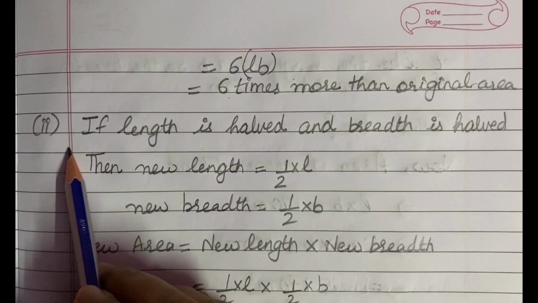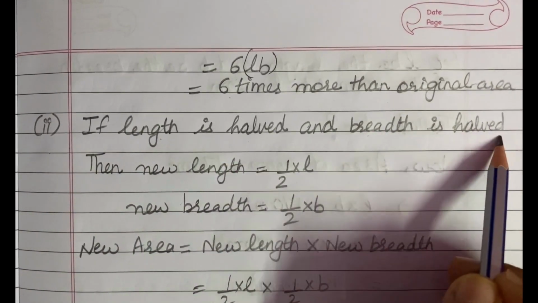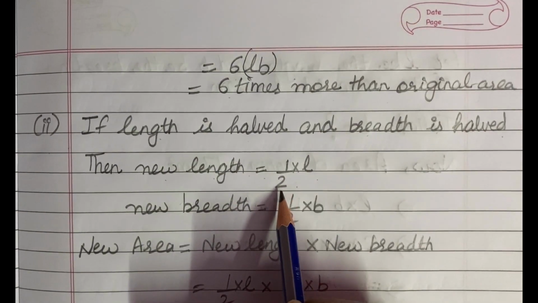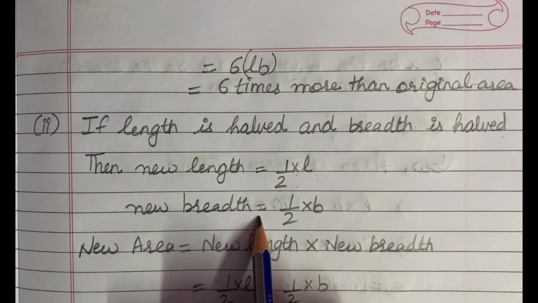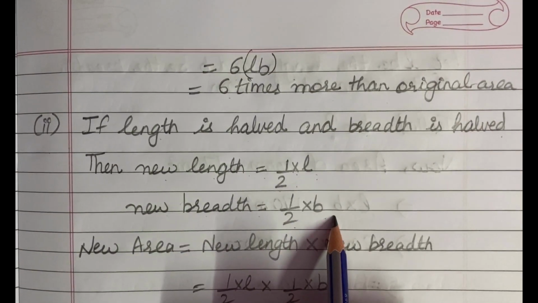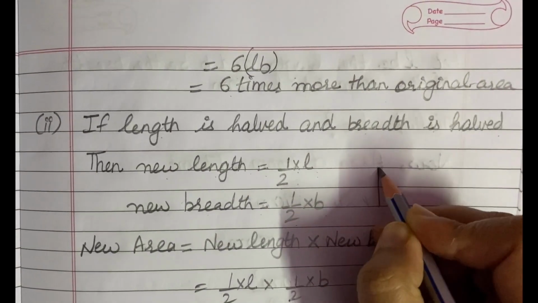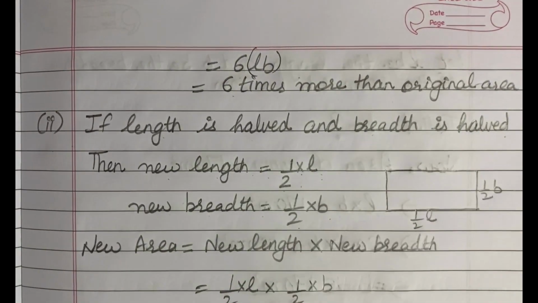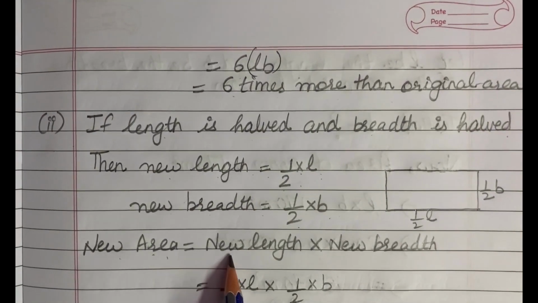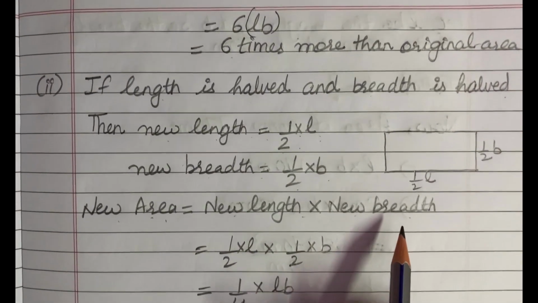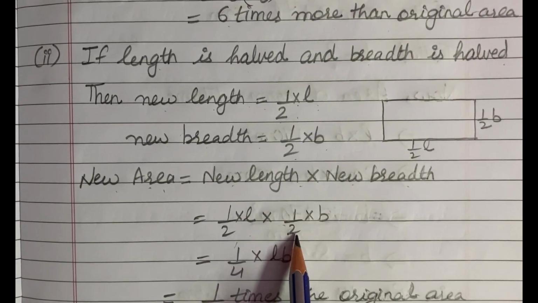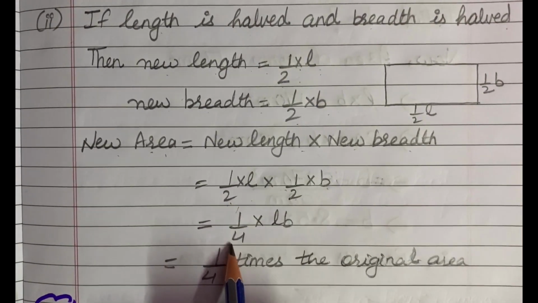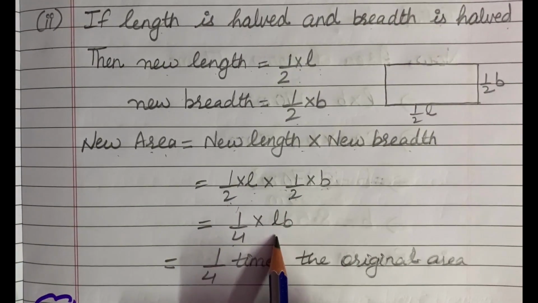Now the second part says that if length is halved and breadth is halved, then the new length will be equal to half of the original length, that means half multiplied by L, and the new breadth will be equal to half of the original breadth, that means half multiplied by B. In the figure, this is half L and this is half B. The new area will be given by new length multiplied by new breadth, that means half L multiplied by half B. On multiplying half and half we will get 1 by 4, and L multiplied by B gives us LB.